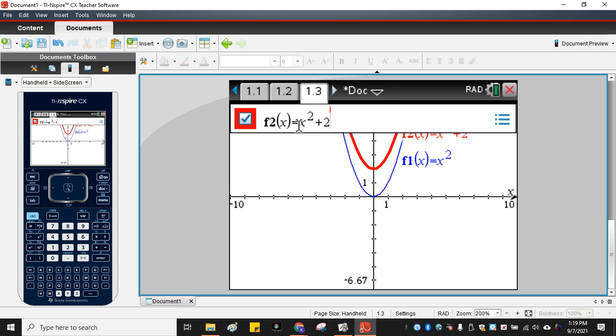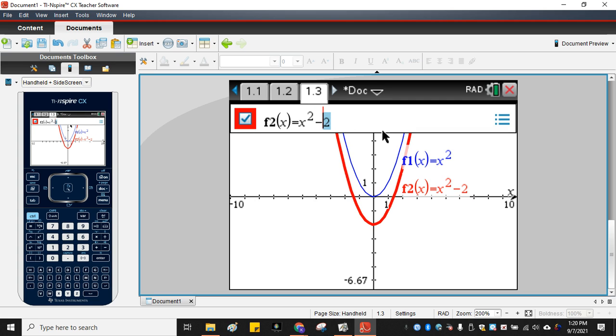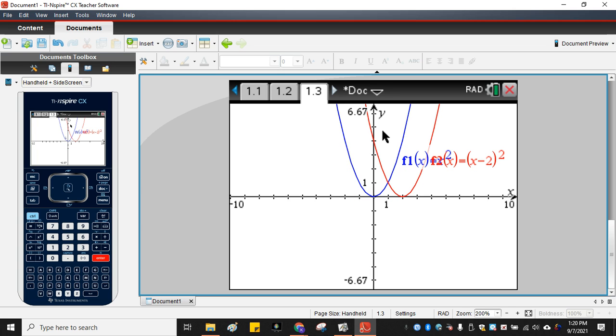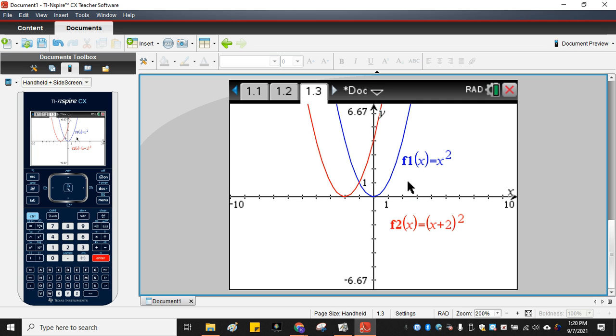To move it down 2, minus 2. To move it left and right, you want to be inside your parentheses, inside the squared. Remember, right is negative. Left is positive. Inside your parentheses.